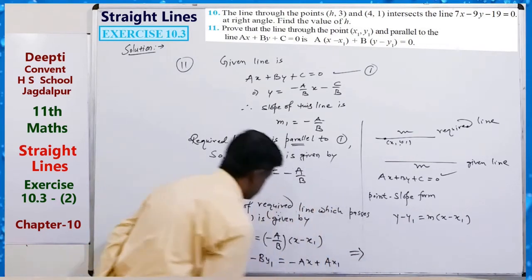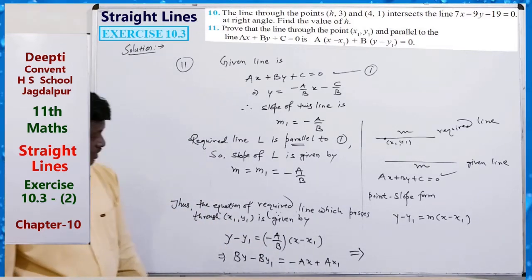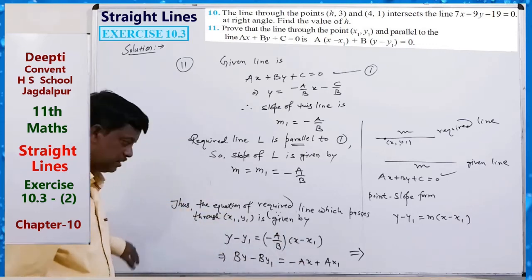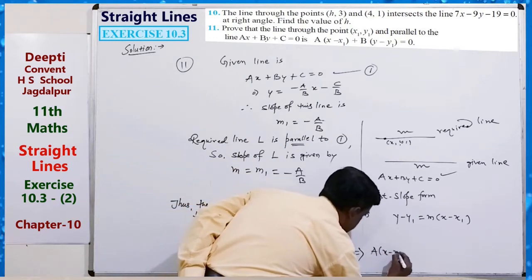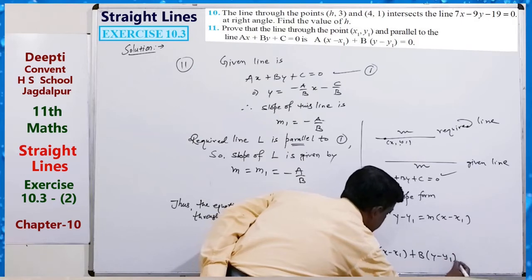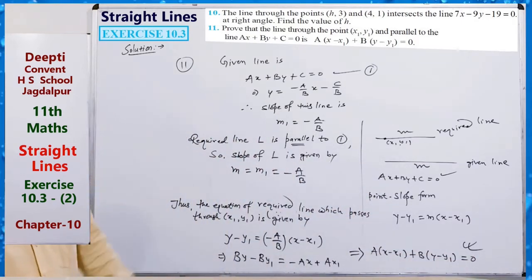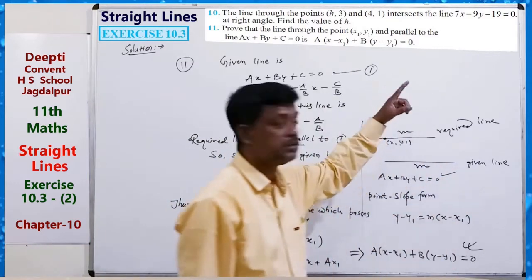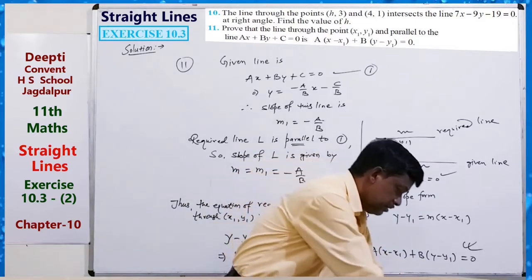Just take a common and transfer to the left hand side: a(x minus x1) plus b(y minus y1) equals 0. This is our required result.